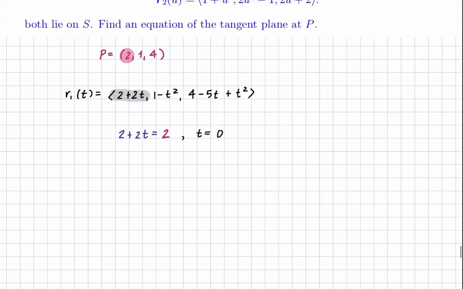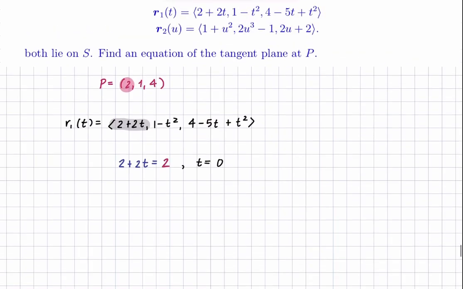Okay, now we're going to do the same thing, but for r2(u). So for r2(u), we have r2(u) equals (1 + u squared, 2u cubed - 1, 2u + 2). Again, I'm going to determine which one's the easiest to deal with, and that's the z component for this one.